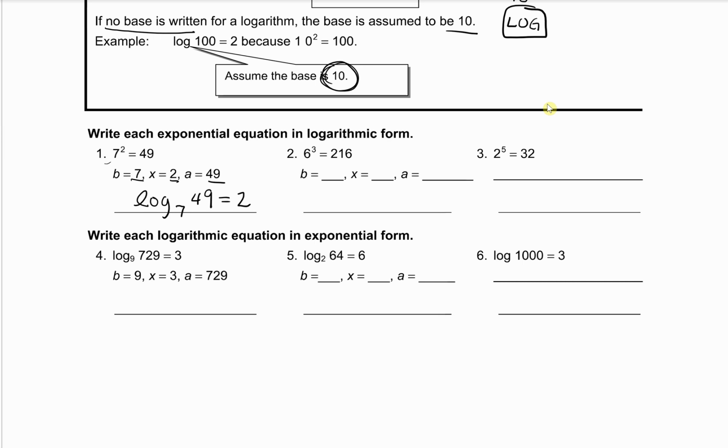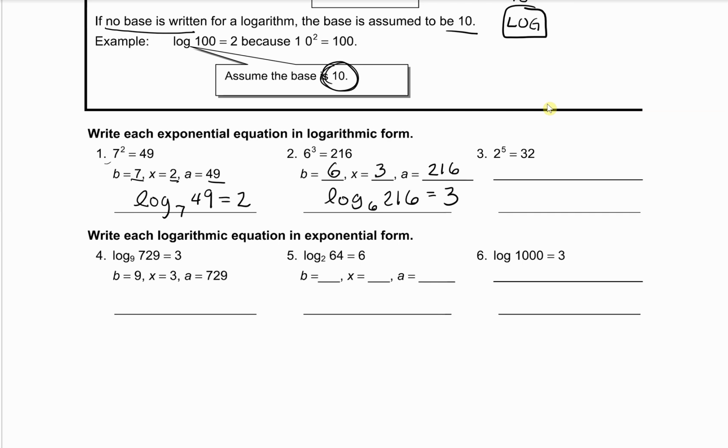The base down here, the exponent on the other side of the equal sign, and its value, 49. 6 to the 3rd is 216. My base is 6, my exponent x is 3, and its value is 216. So that means log base 6 of 216 equals 3.